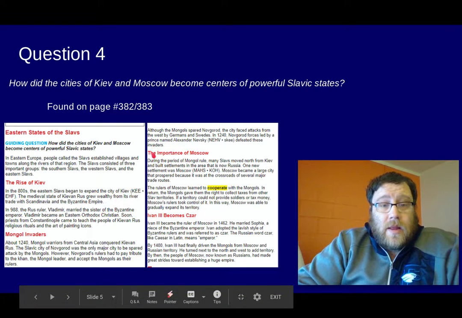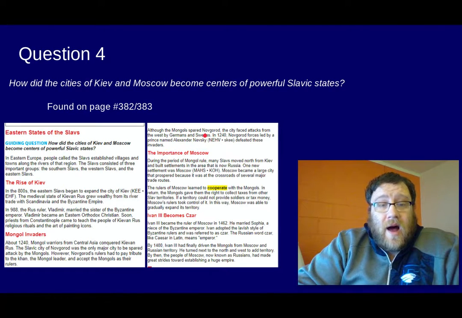During this period of Mongol rule, many Slavs moved north from Kiev and built settlements in the area of what is now Russia. One new settlement was called Moscow.